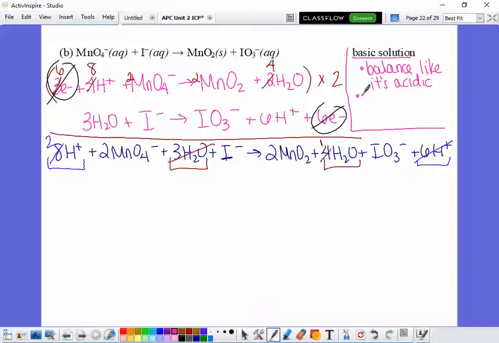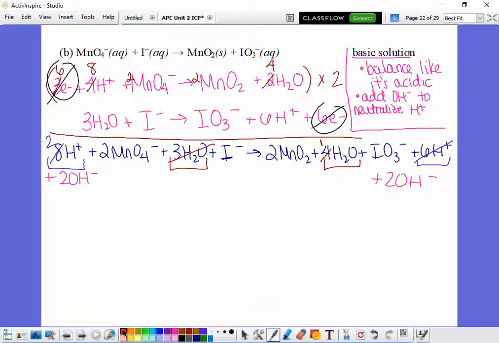Whatever you do to one side, you have to do to the other. So add hydroxides to neutralize the H pluses. How many H pluses do I have? 2. So I'm going to add 2 hydroxides to both sides of the equation.